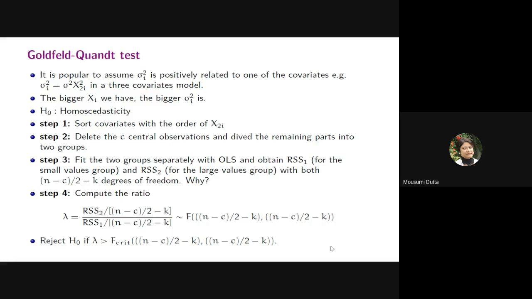However, if you use Excel, you can easily sort the observations, delete C central observations, run two separate regressions for the two groups, and compare them. Okay, so this is all about the Goldfeld-Quandt test. Any question?